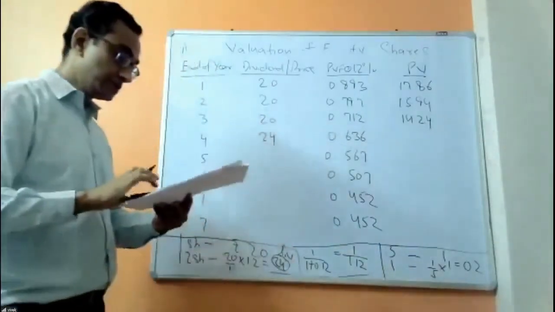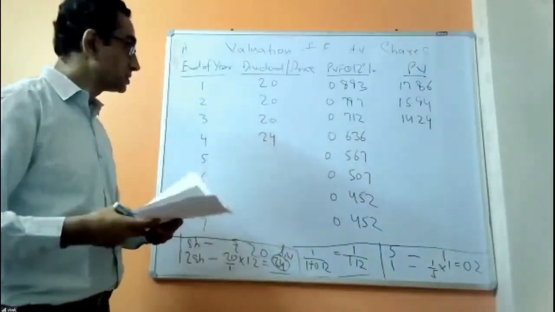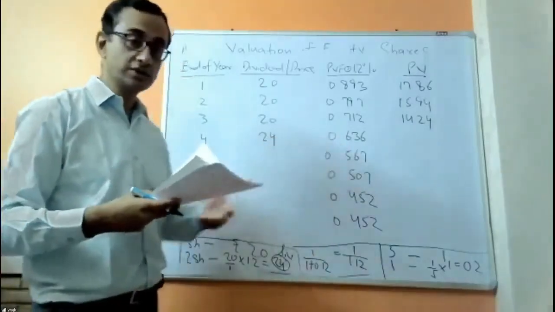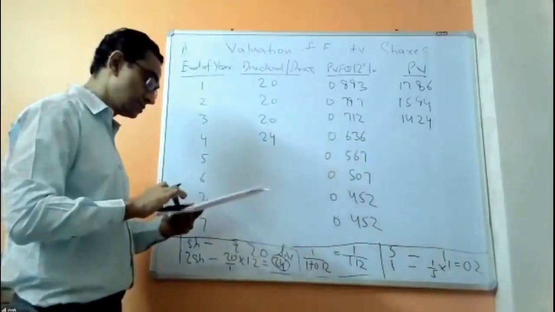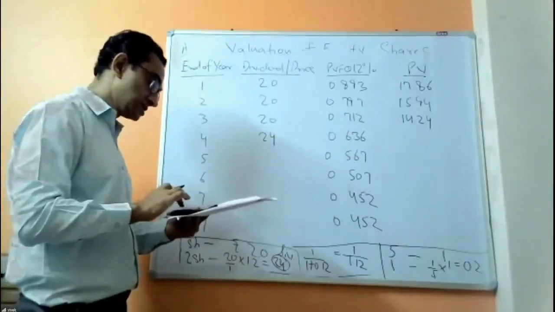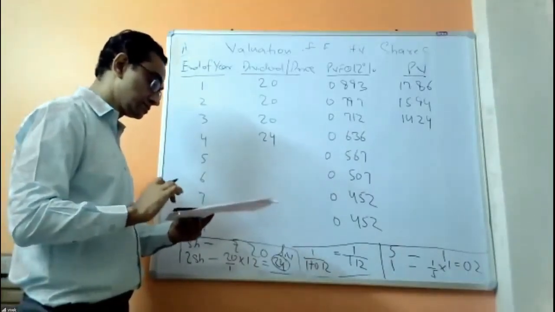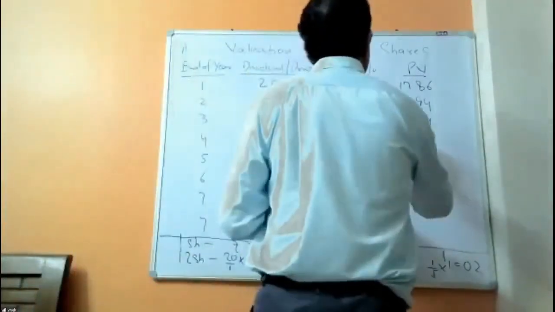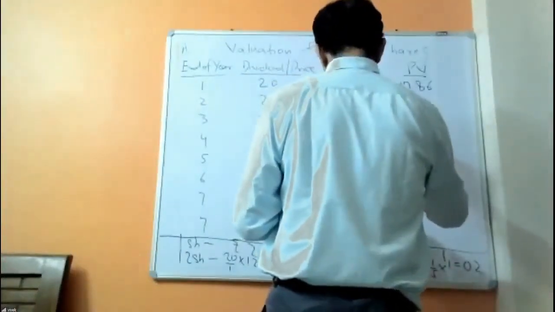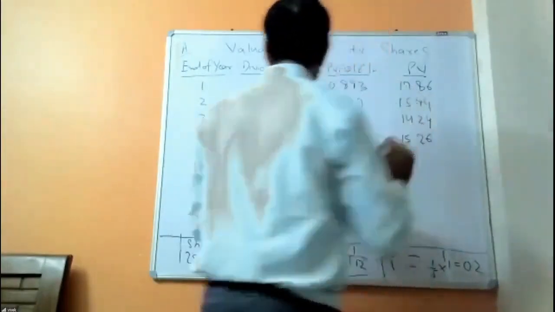So, let us calculate 24 into the present value factor of the 4th year, that is 0.636. It will be 15.6.